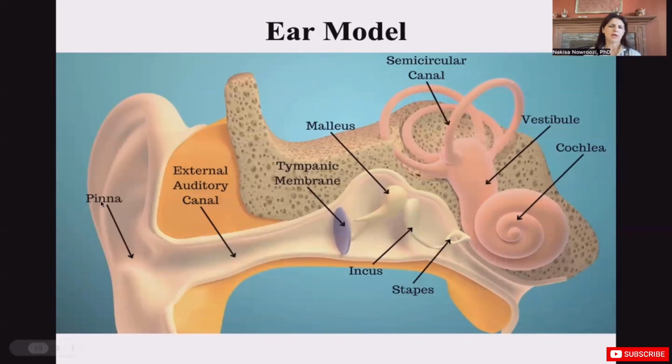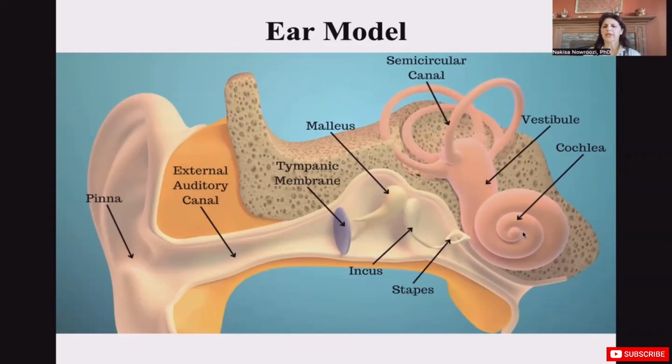That's another model, an ear model: pinnae, external auditory canal, tympanic membrane. Here you can see the middle ear bones. These are called malleus, incus, and stapes. Here you have the semicircular canal, vestibule, and cochlea.